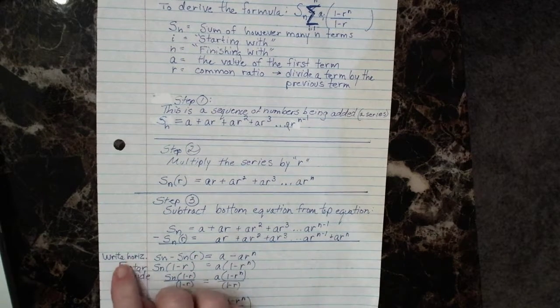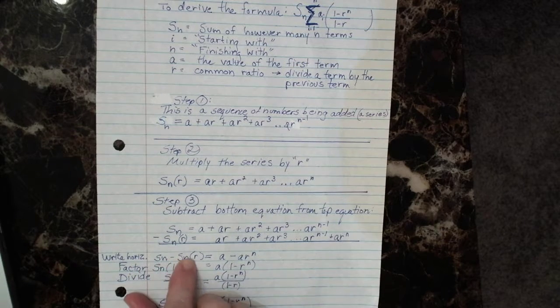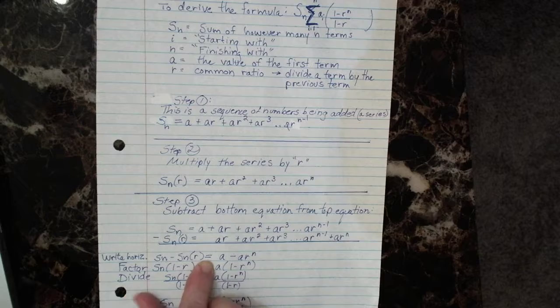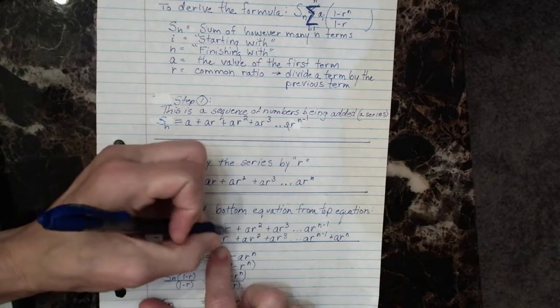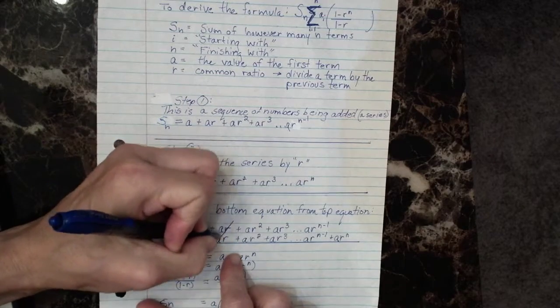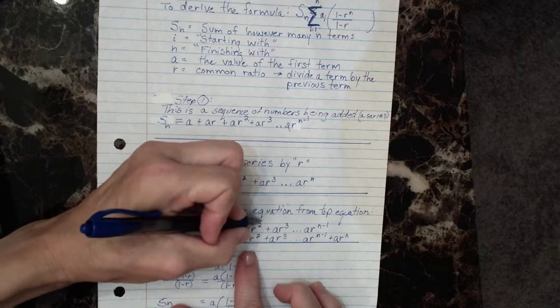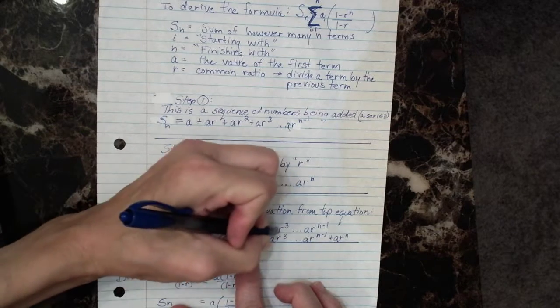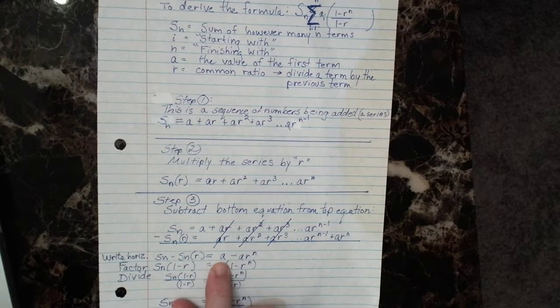So now we're going to rewrite it horizontally so that we have S sub n minus S sub n times r equals, now each one of these, a times r minus a times r, would eliminate it. And you keep going, eliminating, until all you have left is the original a.